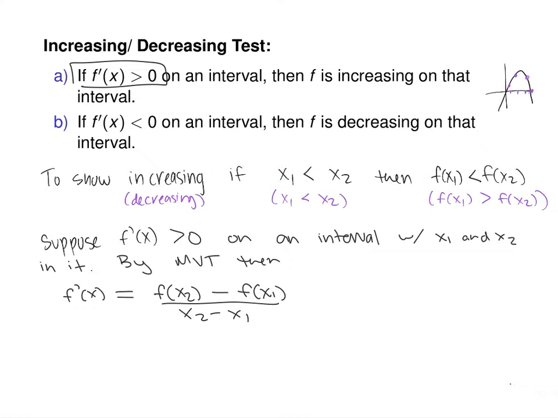You can apply the mean value theorem because the derivative exists and therefore the function is continuous and differentiable. That's kind of a technicality, but this is baby proofs. It's just instead of a's and b's, it's x2s and x1s, right? Nothing's different. So f prime of x times x2 minus x1 is equal to f of x2 minus f of x1.